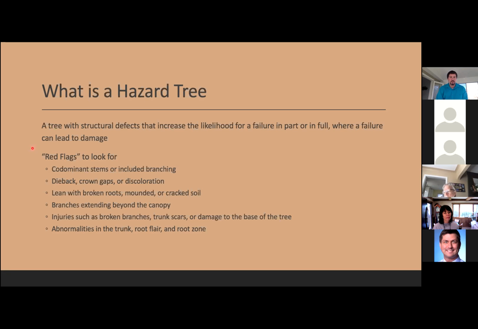Some other things you can look at would be abnormalities in the trunk, the root flare and the root zone. If it's got a lot of big bends in it, that's something to look a little closer at. If it doesn't have a root flare, if the trunk goes straight into the ground, oftentimes that's a sign that you have girdling roots.